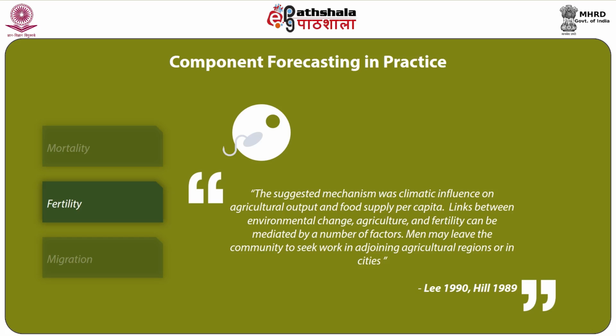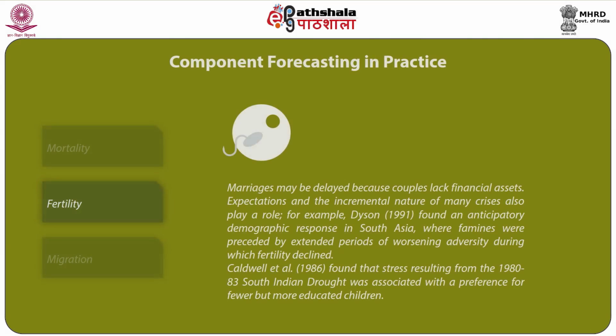Men may leave the community to seek work in adjoining agricultural regions or in cities, Lee 1990, Hill 1989. Marriages may be delayed because couples lack financial assets. Expectations and the incremental nature of many crises also play a role.